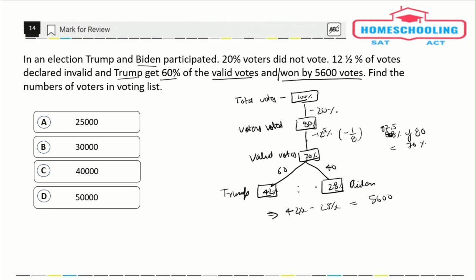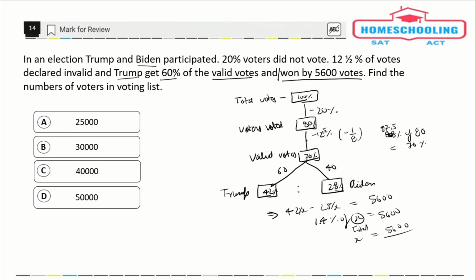So we have to find the difference between Trump and Biden, which would be equal to 5,600. So 42 minus 28, that would be 14% of X is equal to 5,600. So X would be your total votes.